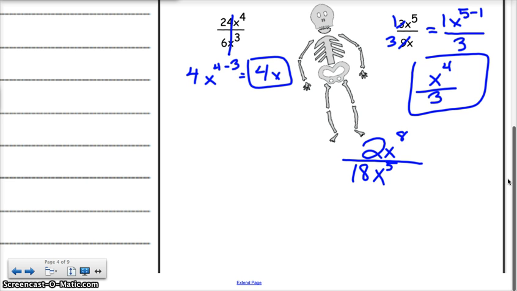I would simplify 18 over 9 and then say it's 1x to the 8 minus 5 all over 9. X cubed over 9. That's how I would handle that. Okay, so we did division property with no coefficients, bumped it up to division property with coefficients. We got more to do.